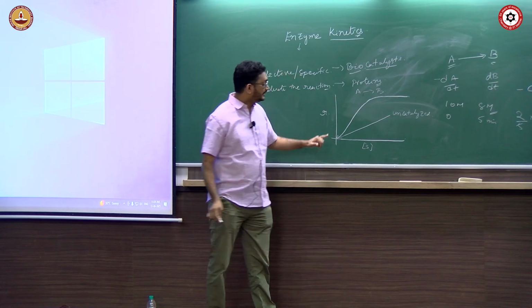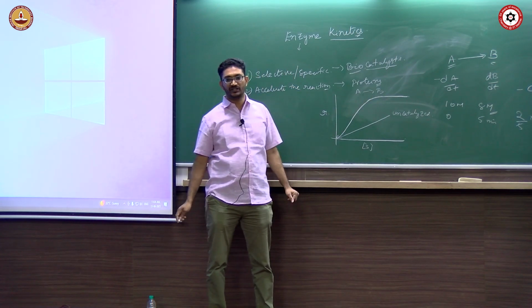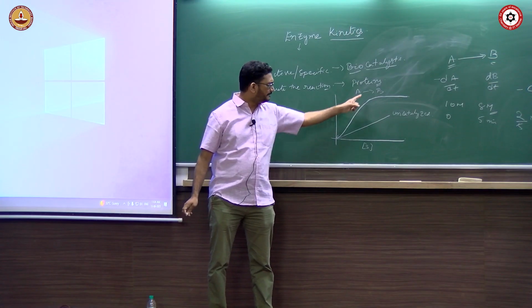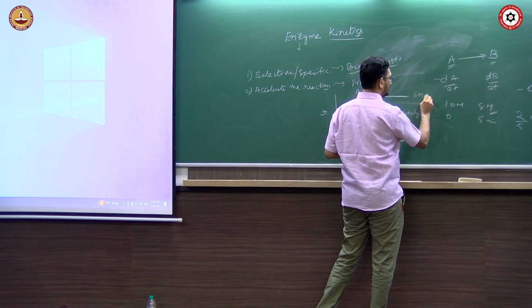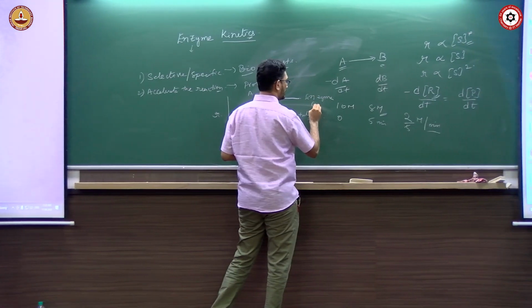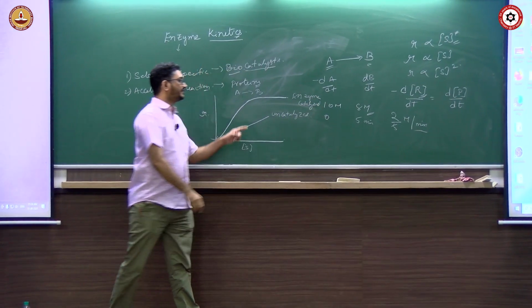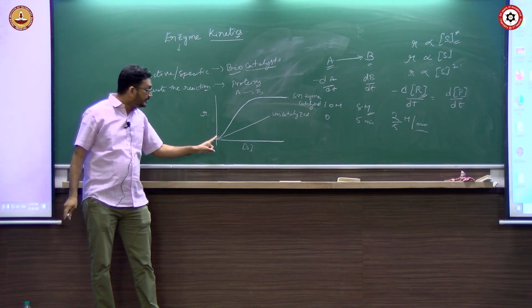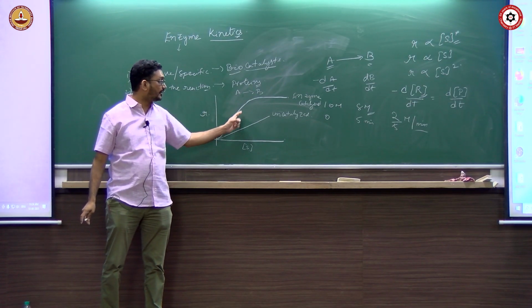Okay, so this is the same, I'll come to the derivation, I'll show you where this expression comes from. But for the same reaction A goes to B, if it is an enzyme catalyzed reaction, depending on the substrate concentration, you can have different orders.